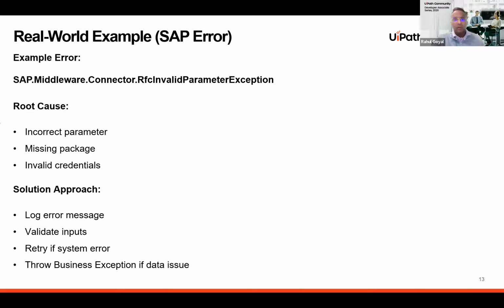Many times when you call those APIs or RFCs, the function call to that API fails because either you are passing the wrong parameters, or some of these automations require some packages to be installed also. We covered that in the first few sessions, to find out the right type of package that's required for this automation to work. If you're missing some of those packages, the automation and how you're using those APIs will not work, or maybe there are invalid credentials.